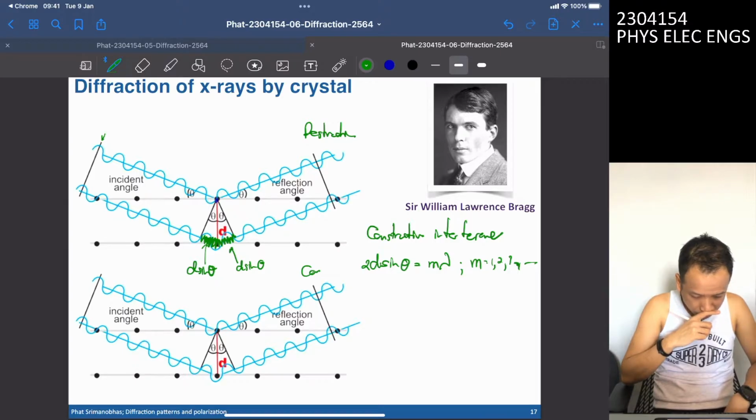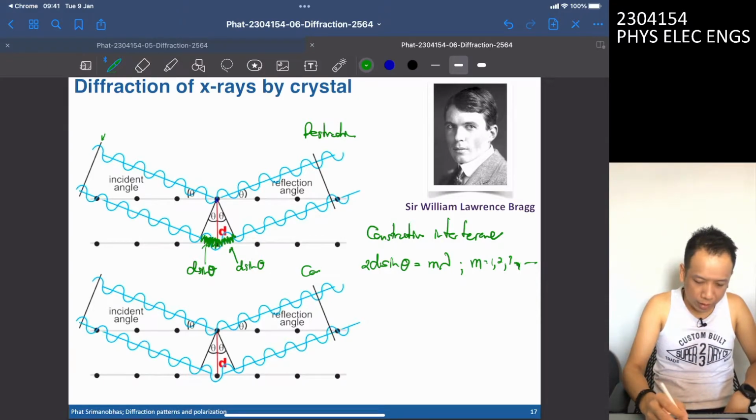Did I put the same figures? Yeah, I think I put the wrong figure. I'm sorry. One needs to be constructive. It should be going out with the same phase.